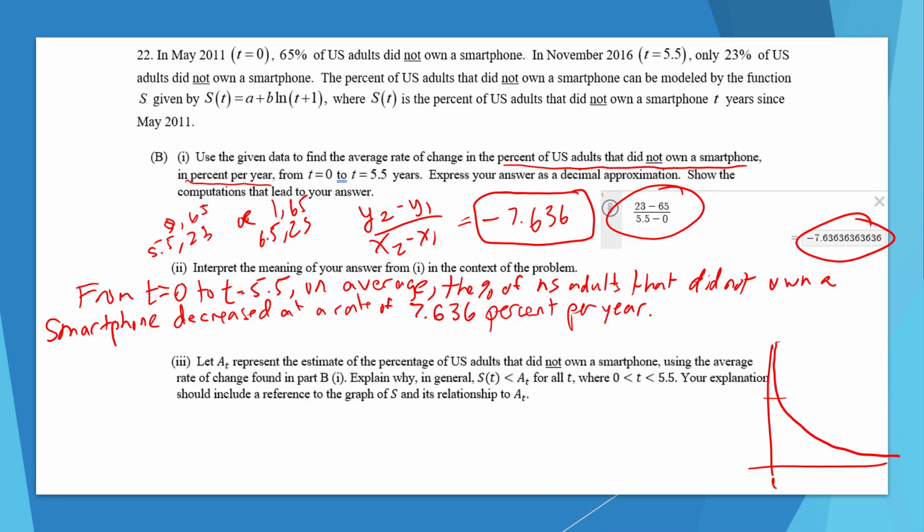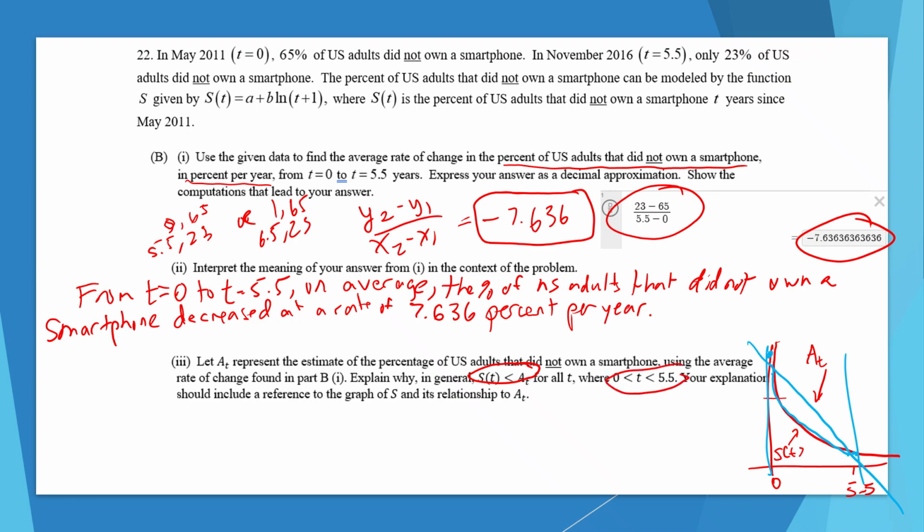And so from 0 to 5.5, if we draw that straight line between these two, that straight line between 0 and 5.5 is going to be above the regression line, that S of t. So this right here is S of t, and this right here is A of t. So why is A of t going to be above S of t when t is between those 2 points?